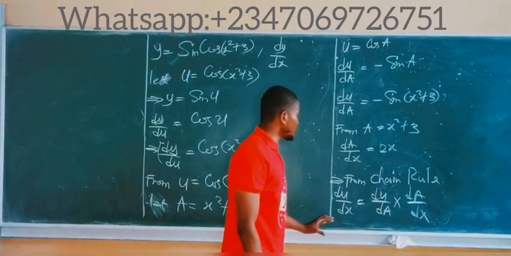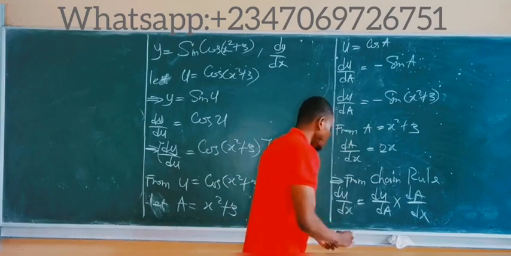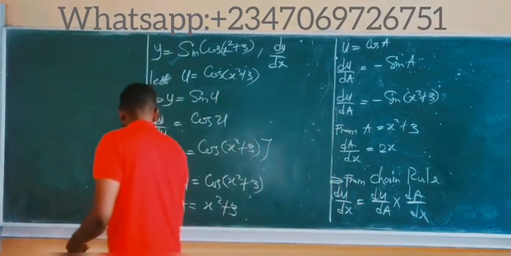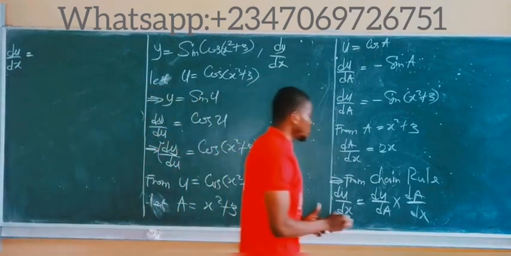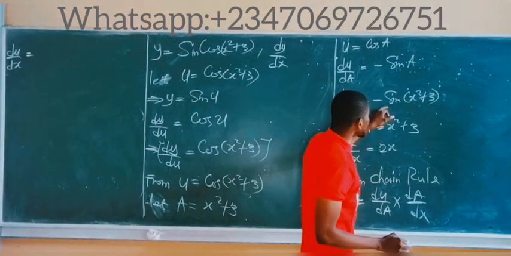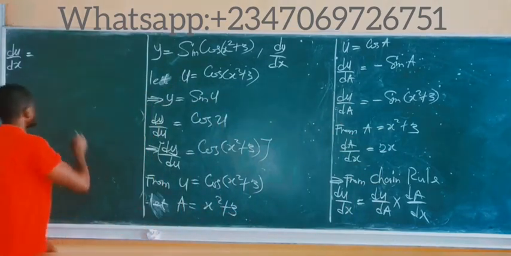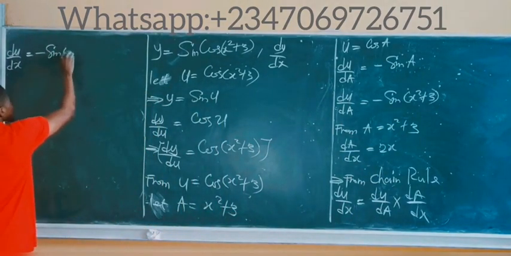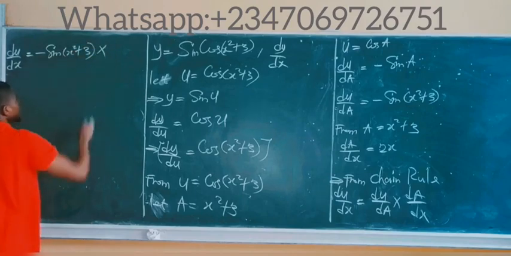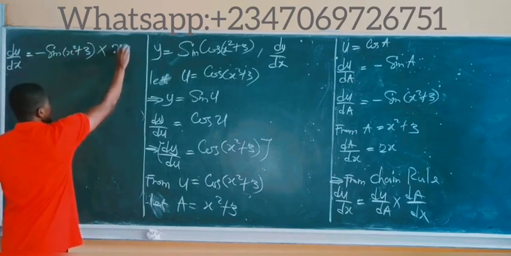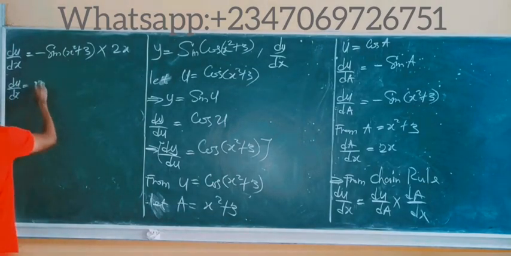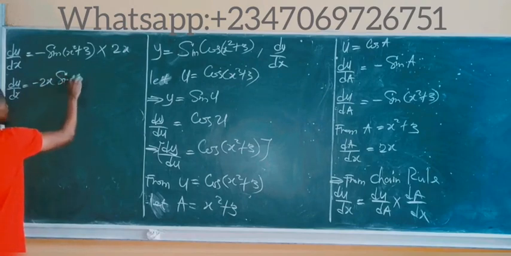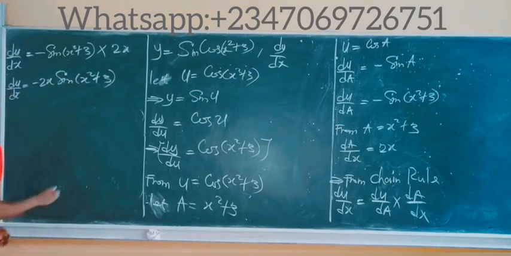So we simply put in the values. du/dx is now equal to, we said du/da simply gave us minus sine of (x squared plus 3), so we have minus sine(x squared plus 3) multiplied by da/dx, which gave us 2x. So du/dx itself is now equal to minus 2x sine(x squared plus 3). This gives us du/dx.